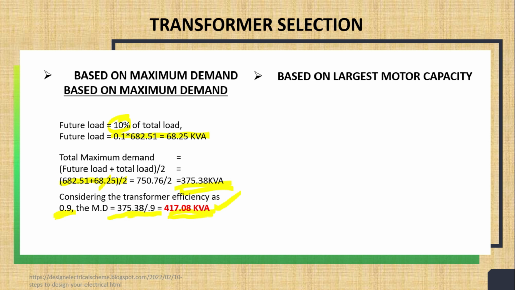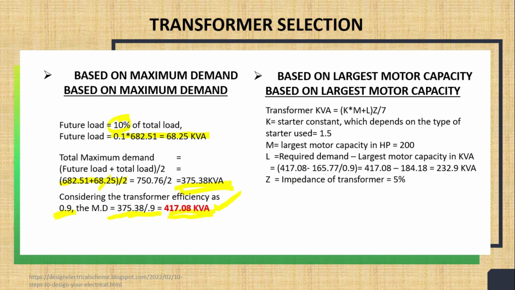Now let's consider the transformer kVA requirement based on largest motor capacity. For that we have to analyze an equation which is K into M plus L the whole into Z divided by 7, where K is the starter constant, which I will give you information about later, and M is the largest motor capacity in HP, L is the base load.